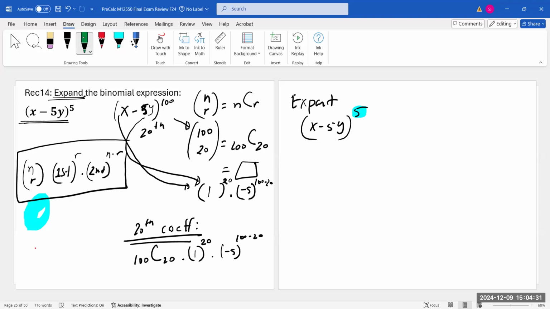So Pascal's triangle says for the highest degree 2, our coefficients are 1, 2, 1. For degree 3, you start with 1 and then you add these two, 1 and 2, to give us 3, then you add these two, you get 3, and you end with 1.